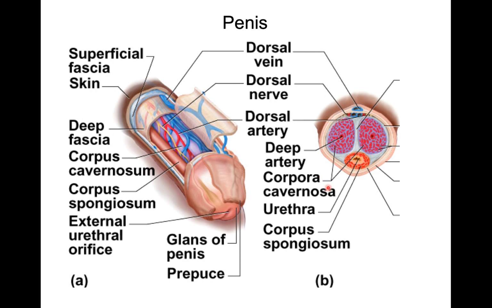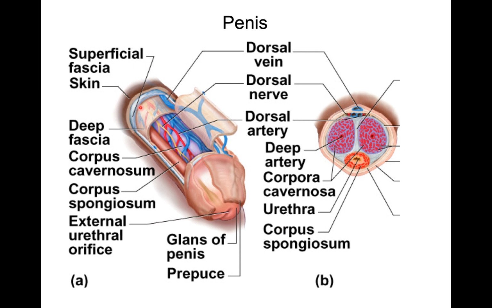So if you wanted to circle corpora cavernosa, the key word that associates with this is vascularization. The key thing happening there is blood supply. Then you can circle corpus spongiosum, and you can write prevent urethra collapsing.